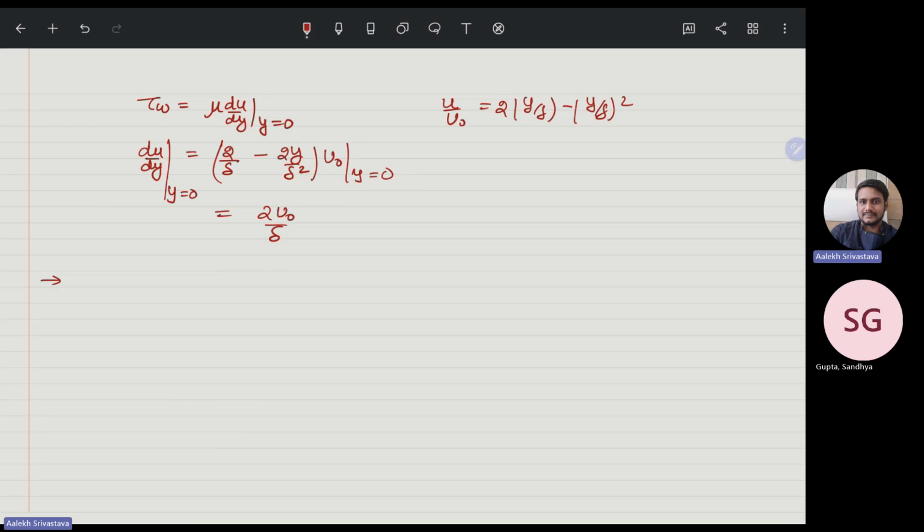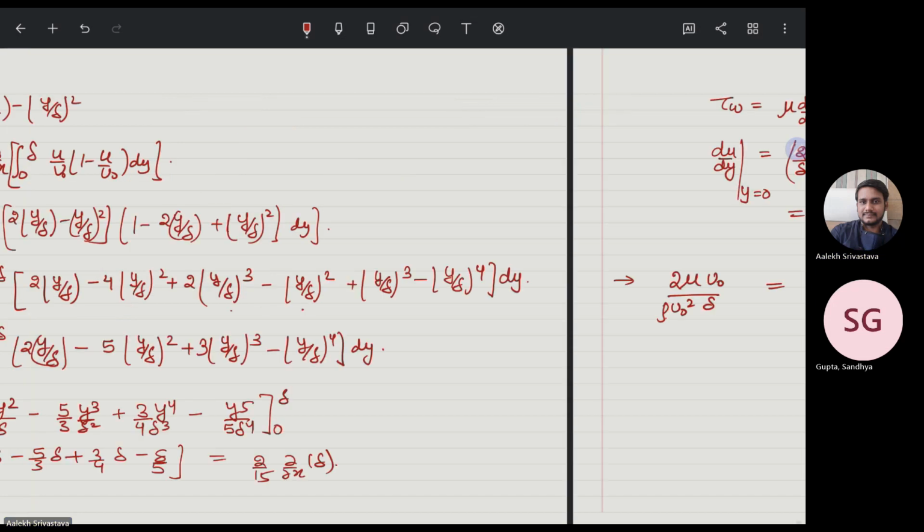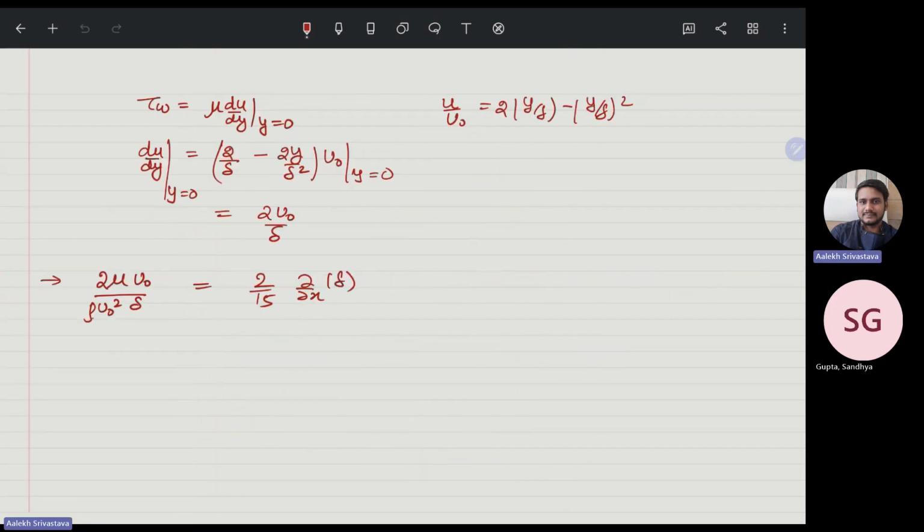So tau wall is mu du by dy, so 2 mu u0 by delta over rho u0 square, this left hand side is equal to 2 by 15 del delta by del x. Now 2 will go away, and we have 15 mu by rho u0 is equal to delta into del delta by del x.